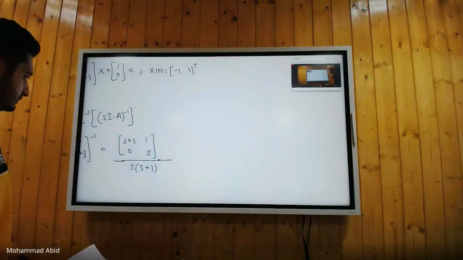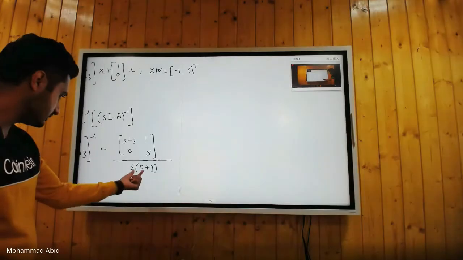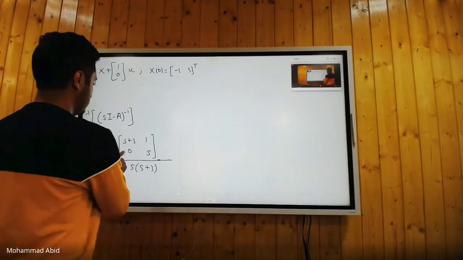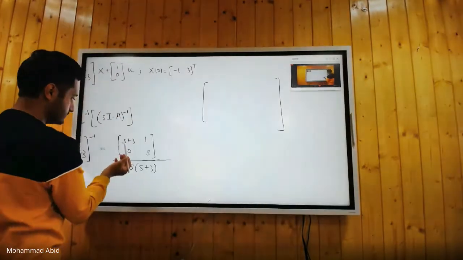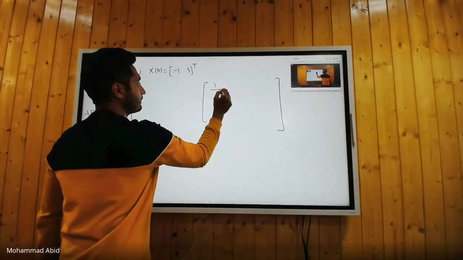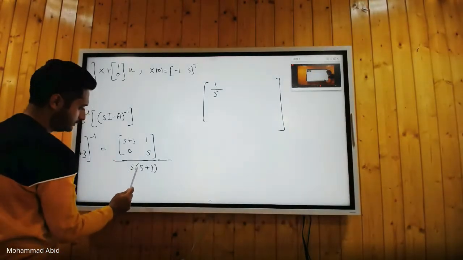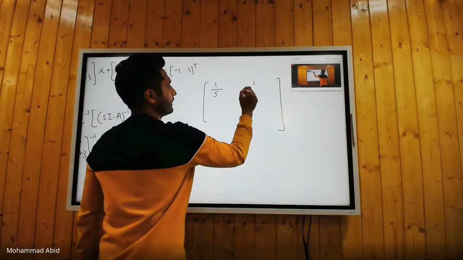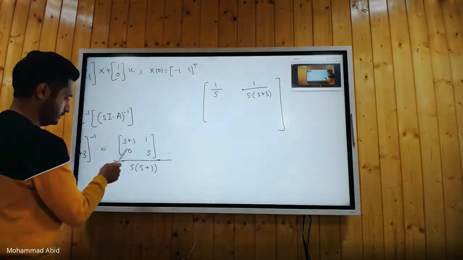Before I apply the Laplace inverse, I can divide each entry. What's this by this? That's 1 upon s, isn't it? 1 divided by s into s plus 3. This is 0.